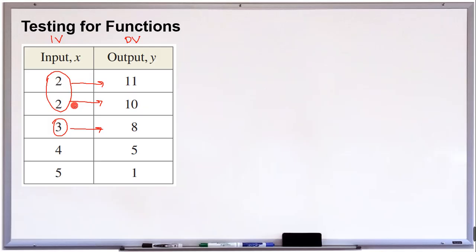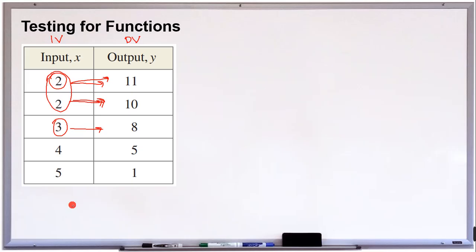It's because if we're going to input 2, I mean, sorry. Okay, so for this example again, for a single value of our independent variable, that is 2, we have two corresponding outputs for our dependent variable, and these are the numbers 11 and 10.